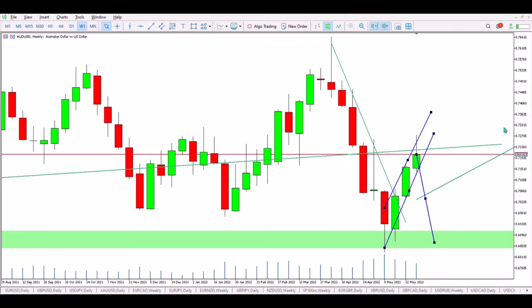And that's an interesting setup. And here we can find some support areas, guys, for the reversals, and that would be nice. For now we are still kind of bullish, but let's see what the next week can give us.